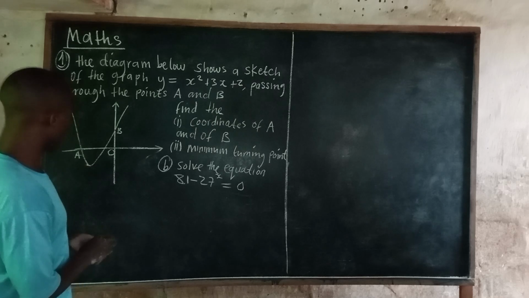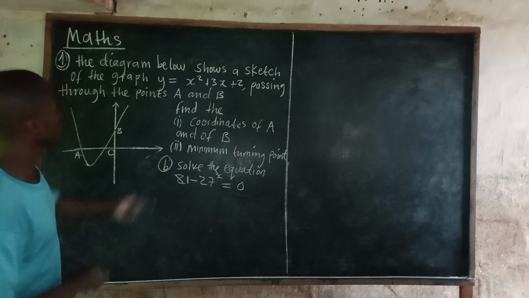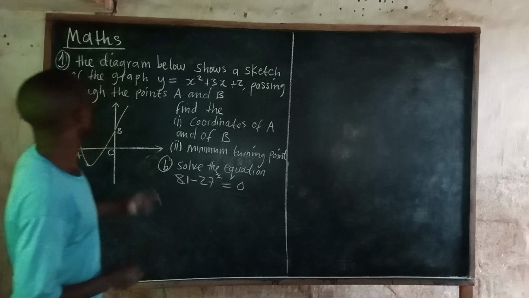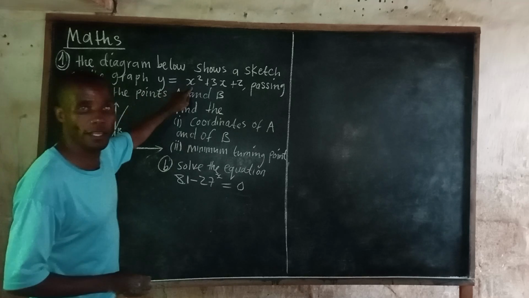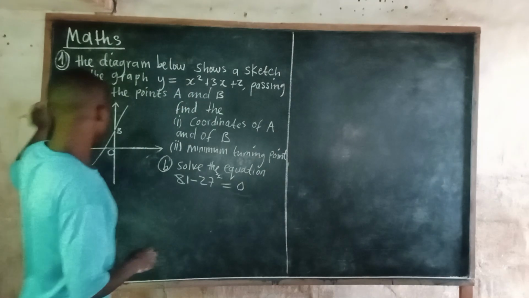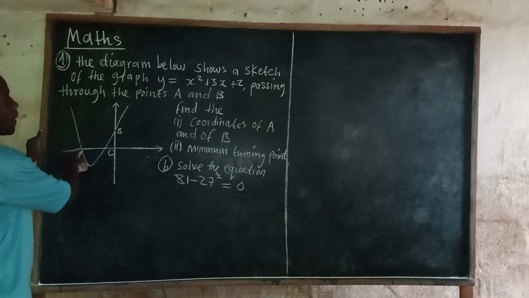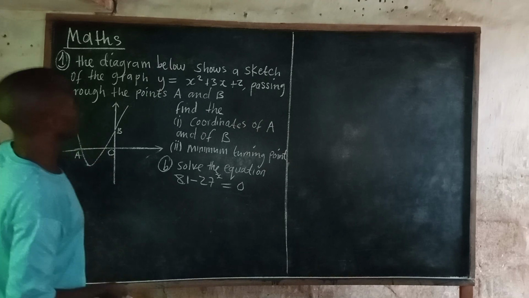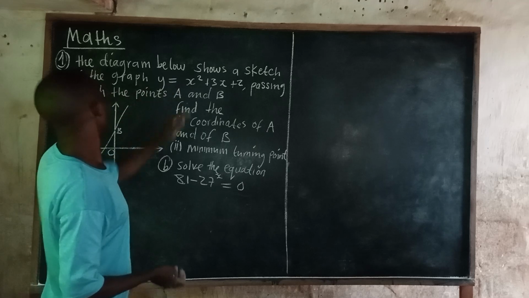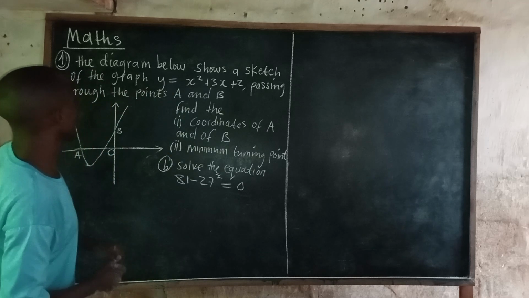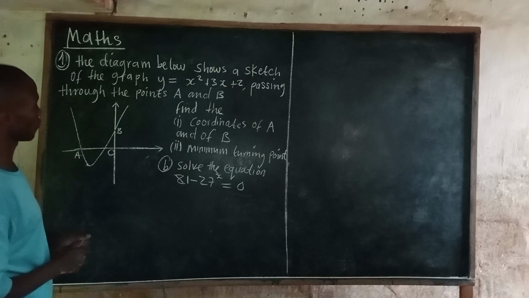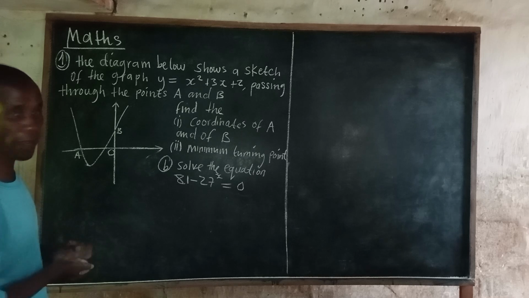So now how are we going to answer this one? Start with the coordinates of A and B. We have the quadratic equation here. For us to find the coordinate of A, we need to find the x-intercept. Now how do we find the x-intercept?